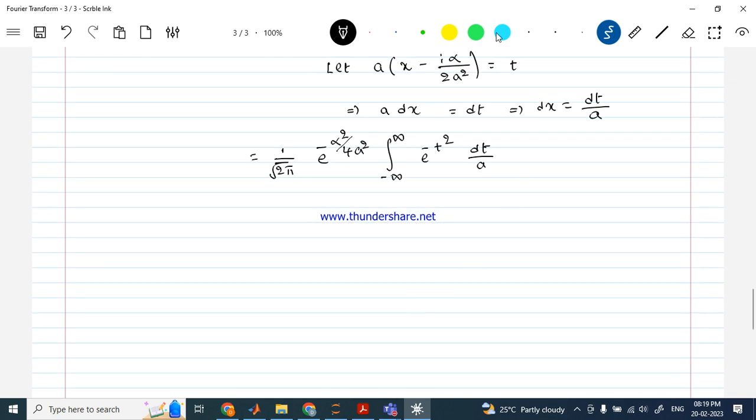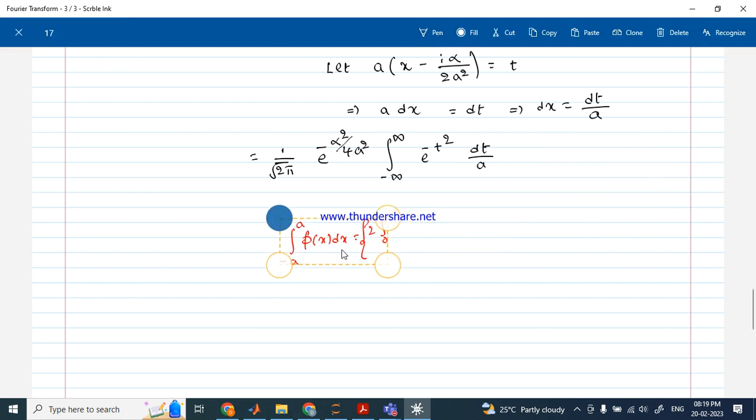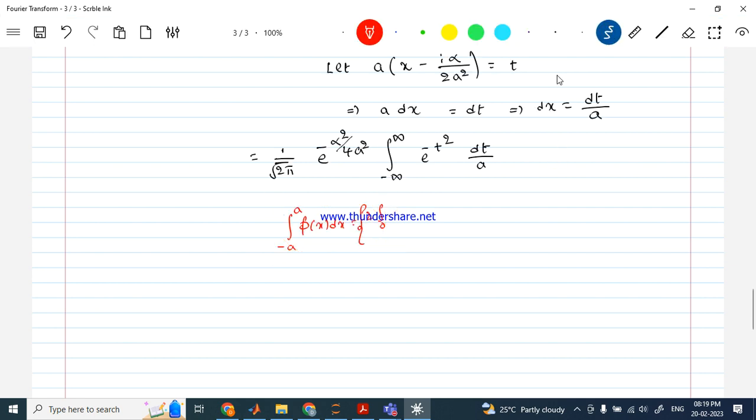And definitely you people have used this result in Fourier series again and again many times. The integration from minus a to a of phi of x dx is 2 times integration 0 to a of phi of x dx.